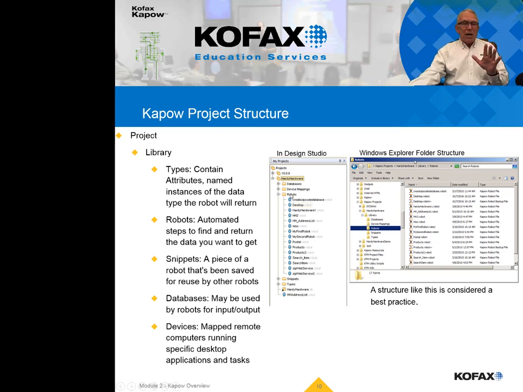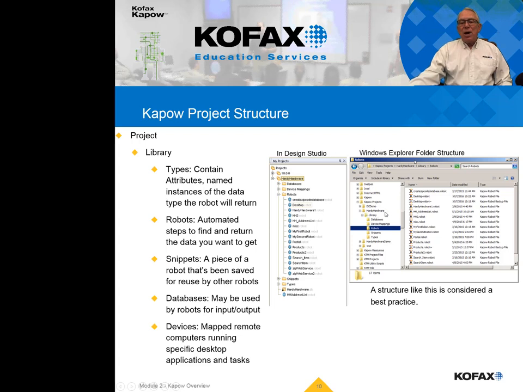This is not required, by the way, but believe me, it does help you maintain your sanity to do a little organization. Under my Hardy Hardware project, I've created some subfolders called databases, device mappings, robots, snippets, and types. Now, when you create these in Design Studio like this, if I looked at the Windows Explorer view, I would actually see those sitting underneath a folder called Library.